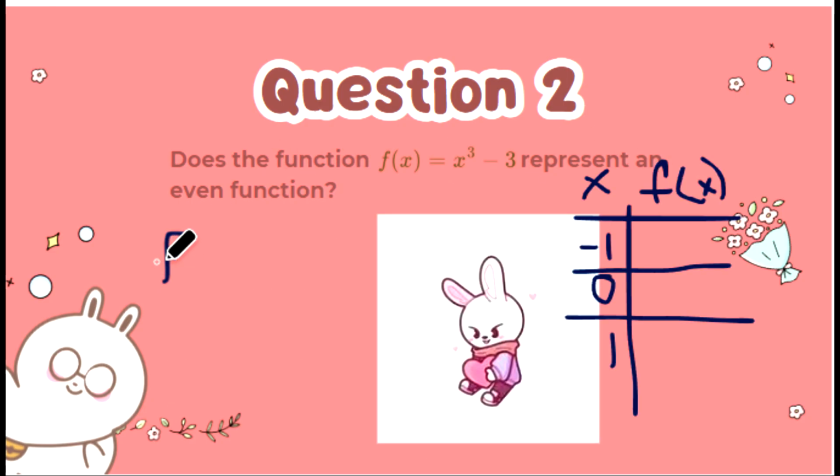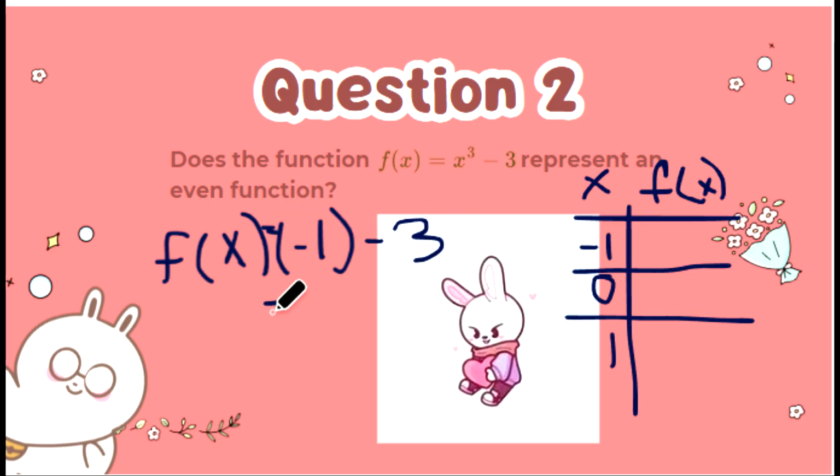We already decided that it's not because this says it's not, but let's try it. So if we have f of x is going to be equal to -1 cubed minus 3, -1 times -1 is +1 times -1 is -1. -1 minus 3 becomes -4. So this one would be a -4, okay?